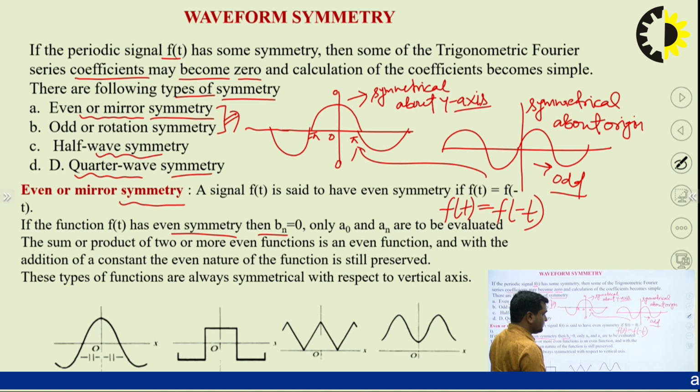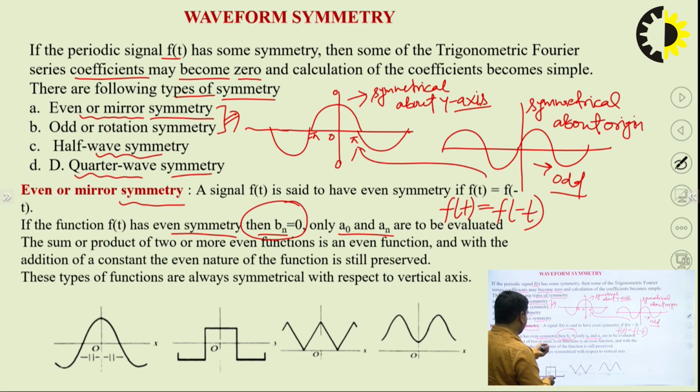In this waveform, the Fourier series coefficient bn becomes 0, and a0 and an are to be evaluated. So bn is 0, then we have only 2 left to calculate. The sum or product of 2 or more even functions is an even function, and with the addition of a constant, the even nature of the function is still preserved.